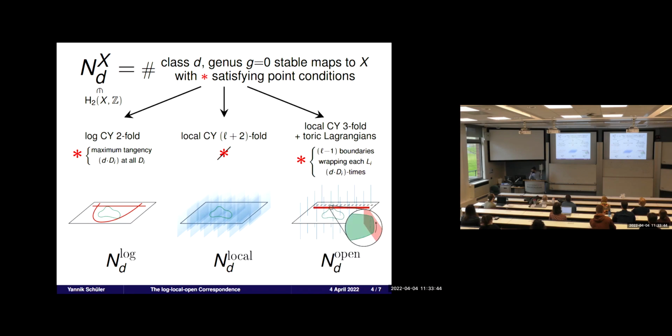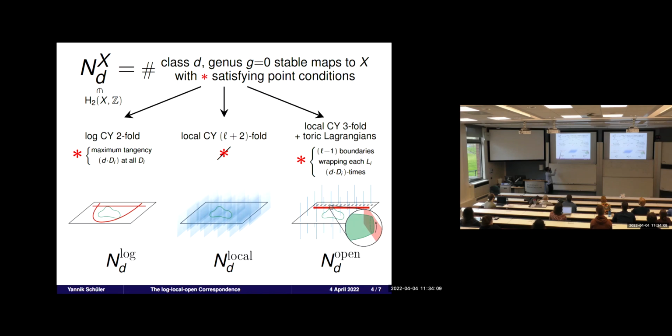All right, and for the local Calabi-Yau threefold, where we have these Lagrangians, there we also impose a contact condition. And I said before that you should think of these Lagrangians just as a substitute of these divisors. And basically the conditions we impose are more or less the same.